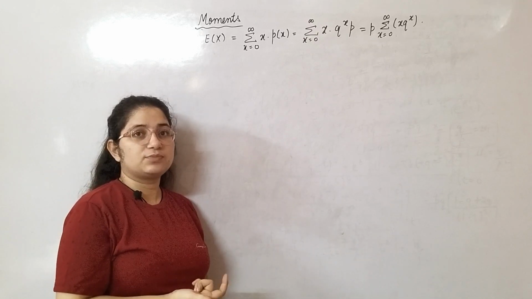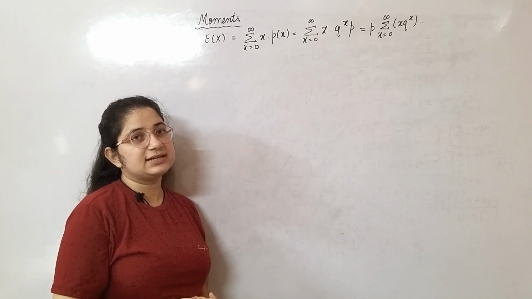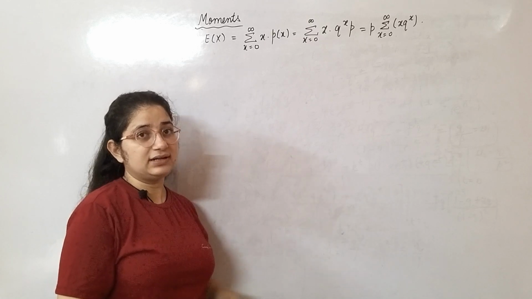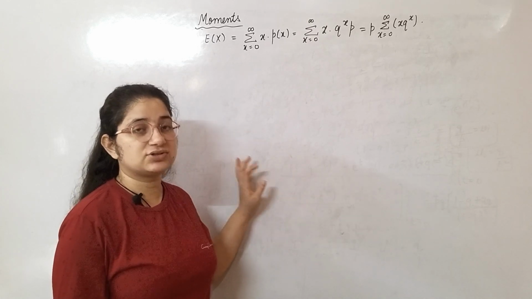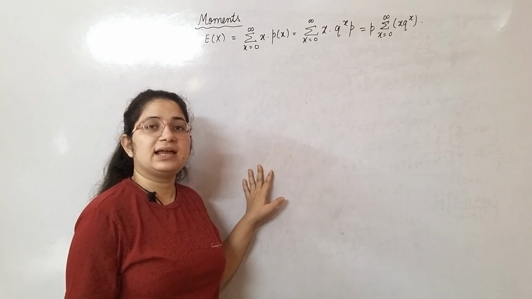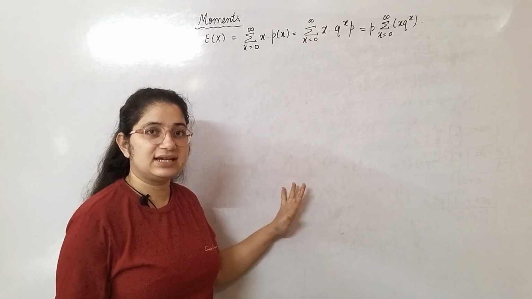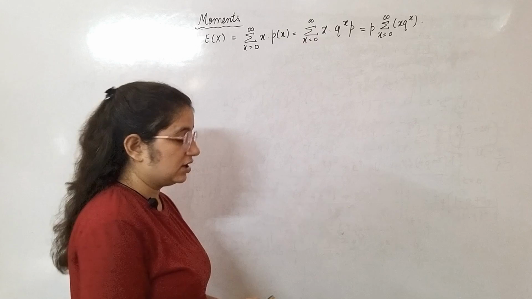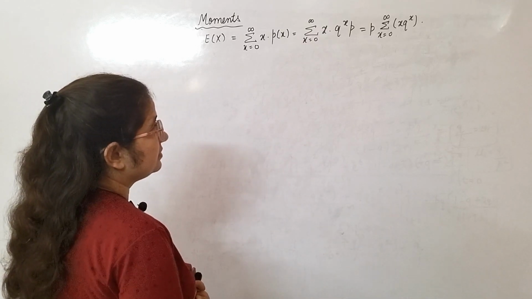Now in this case, a series will form which is both an arithmetic series and a geometric series. I will tell you the way to proceed in such type of series. We will take help from the geometric progression series and then proceed. Firstly, let us open the summation.